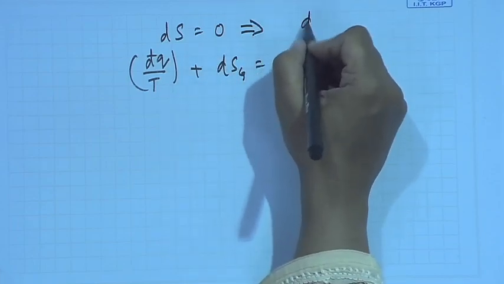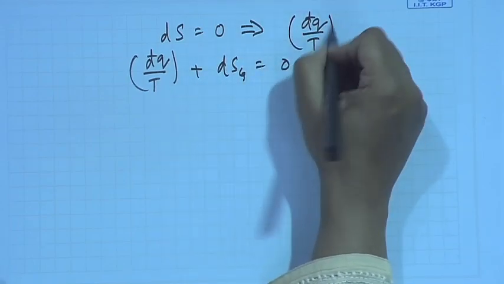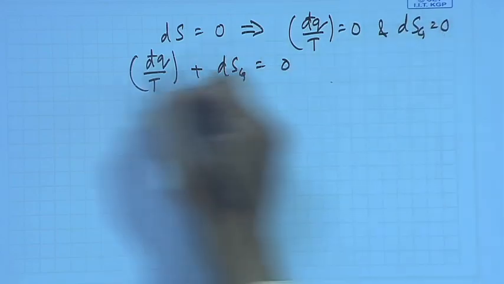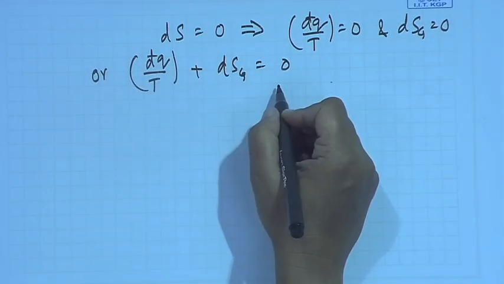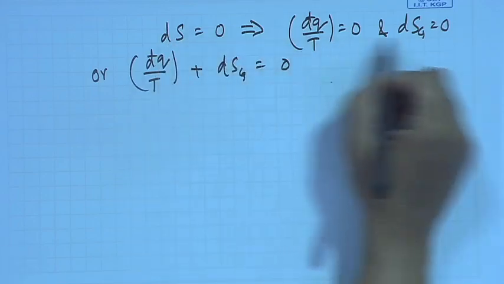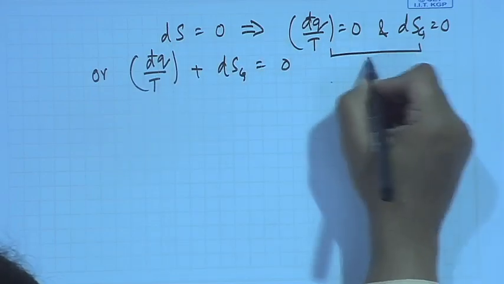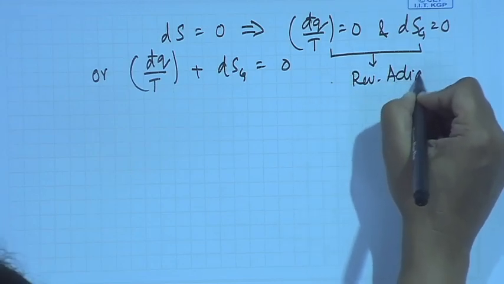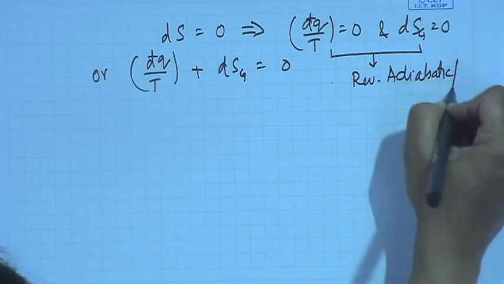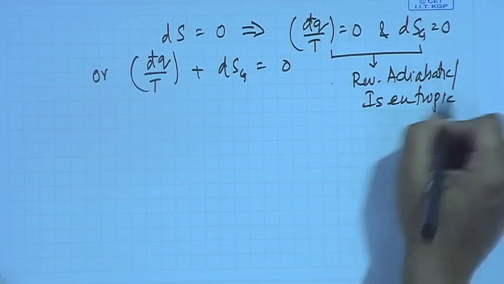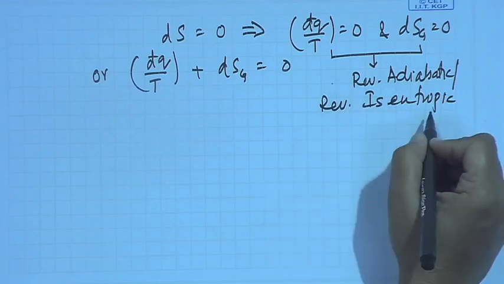This implies either dq by T equals 0 and dsg equals 0, and when ds equals 0 implies this, then this suggests a reversible adiabatic or isentropic process. This is a reversible isentropic process.